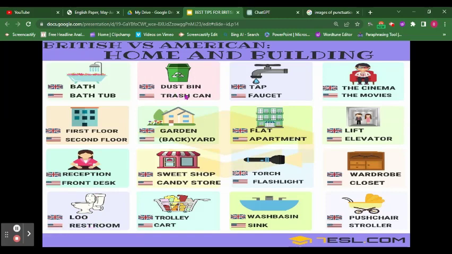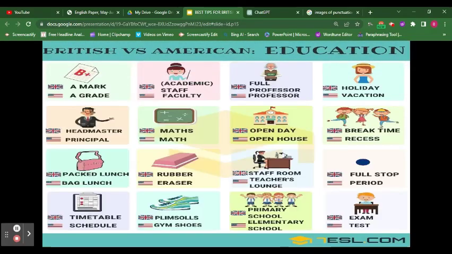Then you have dustbin, trash can; garden, backyard; sweet shop, candy store; trolley, cart; tap, faucet; flat, apartment; torch in British English is flashlight in American English; wash basin, British, sink, American; the cinema, British, the movies, American; lift, British, elevator, American; wardrobe, British, closet, American; pushchair, British, stroller, American.